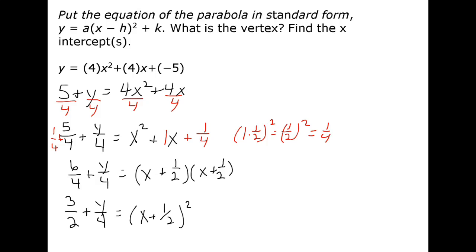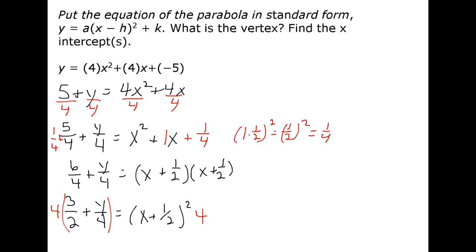Okay, so we've done the completing the square process, and now it's time to get the y back by itself again. So let's multiply both sides of the equation by 4. So that will give us, let's see, 3/2 times 4.